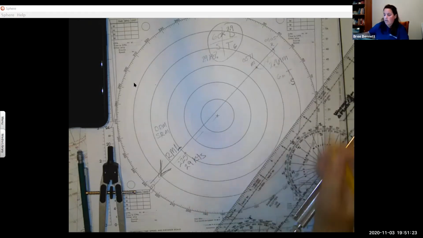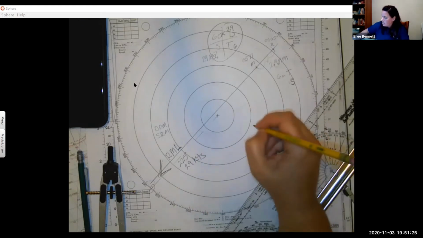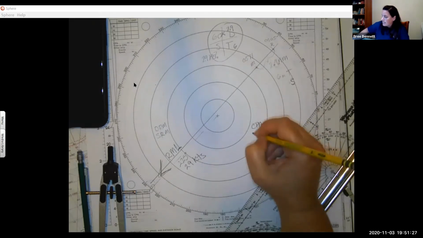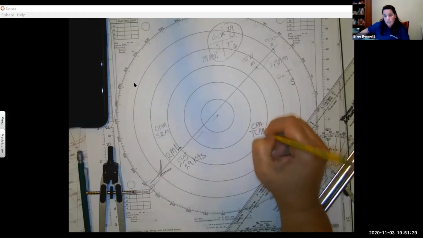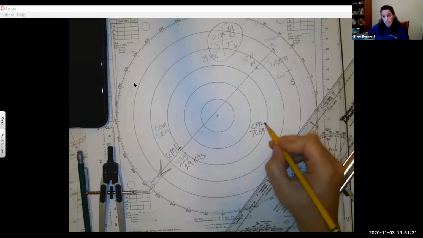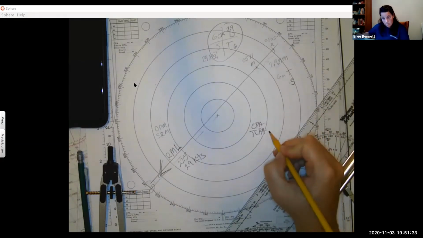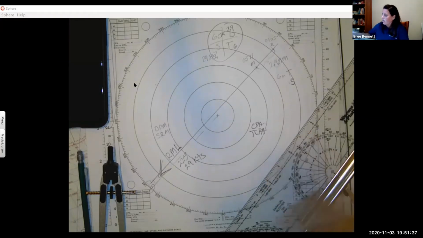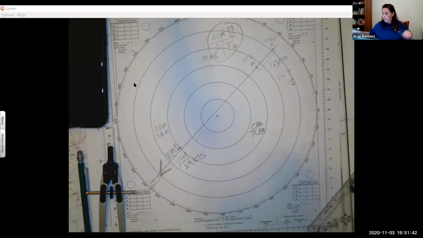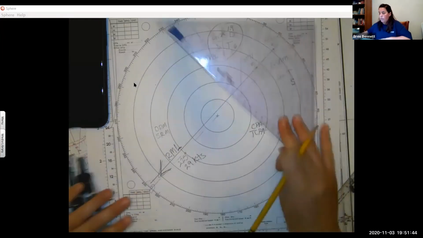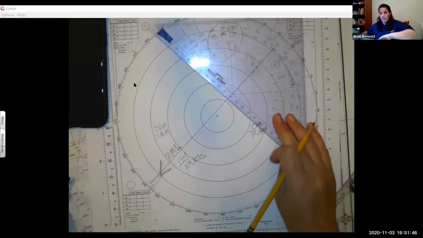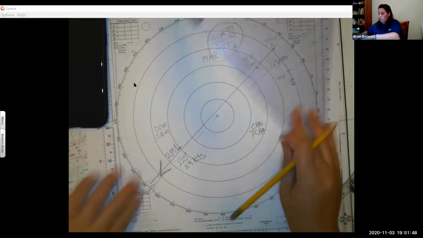Now, what is our next one we're going to find? It is CPA and TCPA. So that's our closest point of approach and the time of the closest point of approach. So when is that going to happen? Our closest point of approach, quick way to do that is do the 90 degrees from your relative motion line.